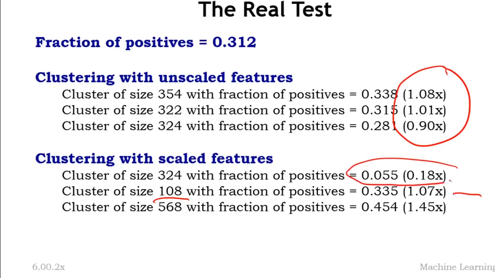We have this cluster where the odds ratio is 0.18. So these are patients who are very unlikely to have a positive event. And this even larger cluster where the odds ratio is 1.45, suggesting that these patients are about 1.5 times more likely than the overall population to experience an adverse event. All in all, pretty convincing demonstration that clustering really does find structure in data.